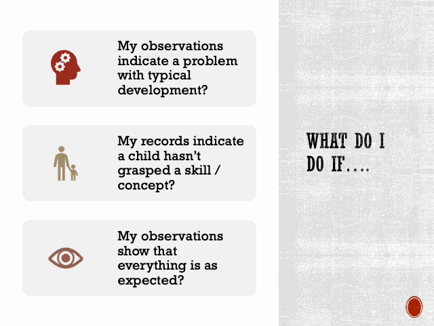So in my first one, if I'm like, ooh, they really are not developing with what I would consider typical development, then I would seek a second opinion and I would then do some intervention activities in class. I'd do more observations and then I would work out who and what I see next, whether I involve parents, whether I involve other colleagues and so on.